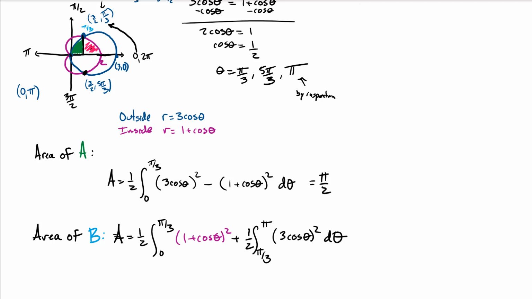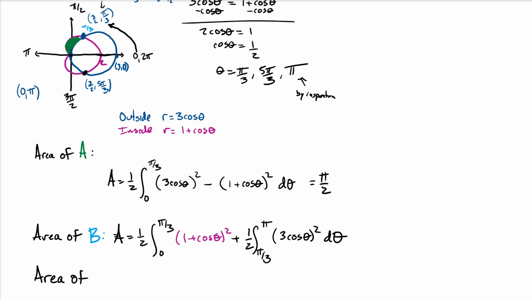Now lastly, that last region we wanted to find. What if we just wanted to find C, just this region right in here? How do we do that? Well, I think this last one's actually the simplest in my opinion.